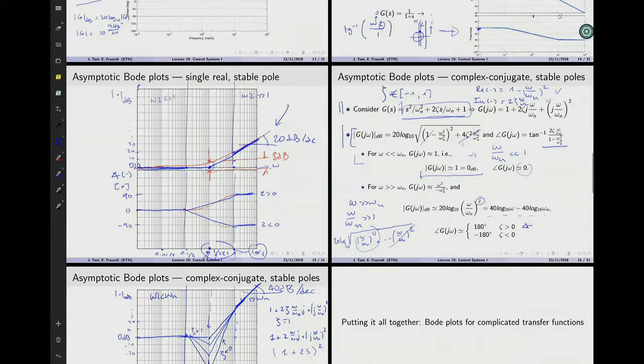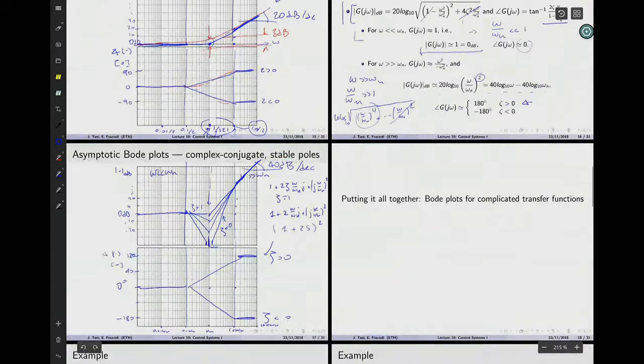When you have 1 over something and you look at the magnitudes and the phases, if you're using decibels for the magnitudes, which is the case of Bode plots, all you have to do is put a minus in front of it. So these graphs that we've seen here are valid if this term is at the numerator. If you find this term at the denominator, you're going to flip them. It's exactly the flipped, symmetric solution.